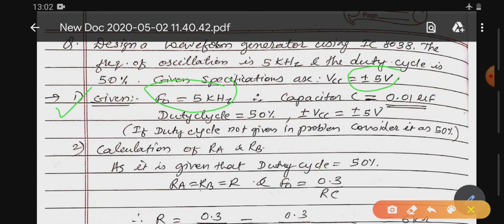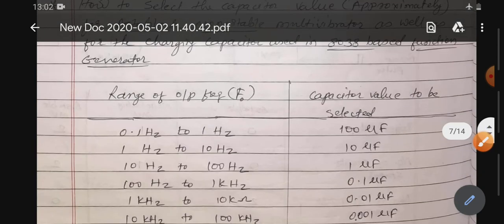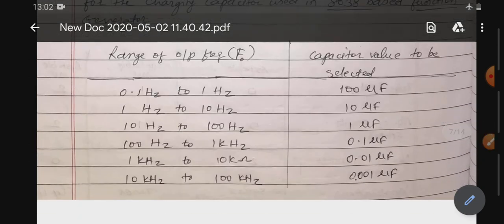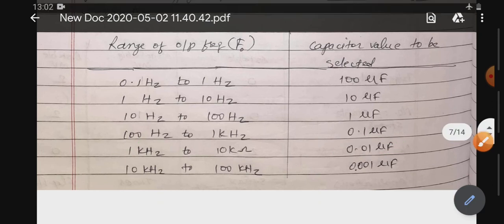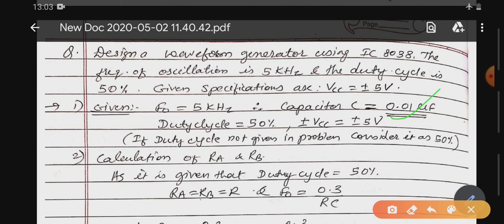So from the standard table, you can select the capacitor value initially. Here you can see 5 kilohertz is in between this range, 1 to 10 kilohertz. So select capacitor as 0.01 microfarad directly. Then duty cycle is given as 50% and plus minus VCC is given as plus minus 5 volt.